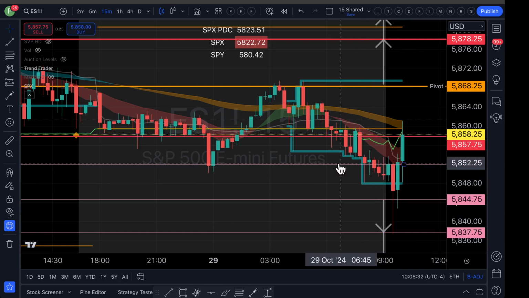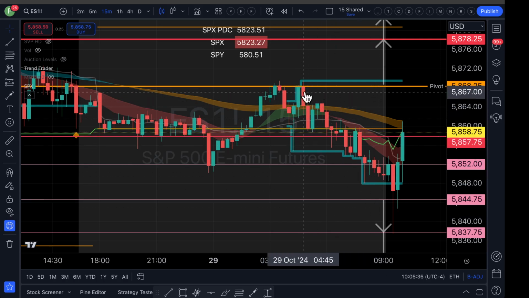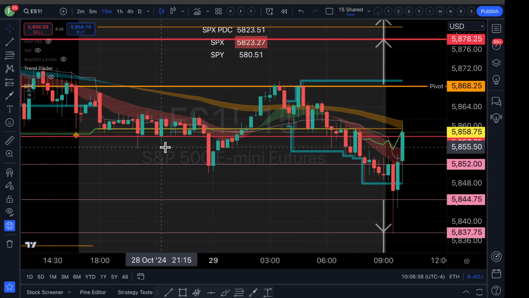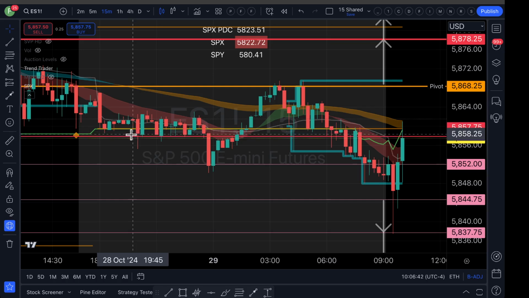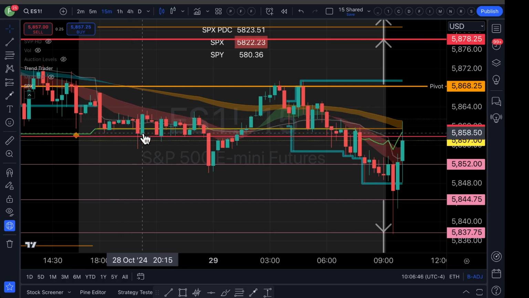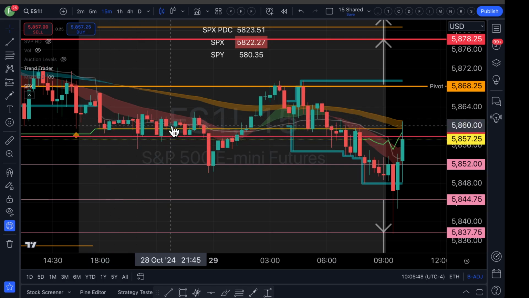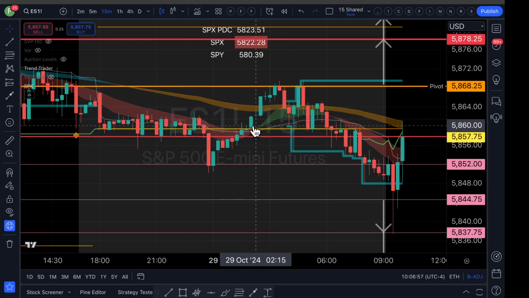I want to encourage you to use the 15-minute chart to look at it, because this makes it much easier to see chop. Look at this, up and down, up and down. So there's chop. When you have a lot of big candles, it's chop. When you see long wicks, it's chop. Now look at this movement here. You have smaller consistent candles, shorter wicks.